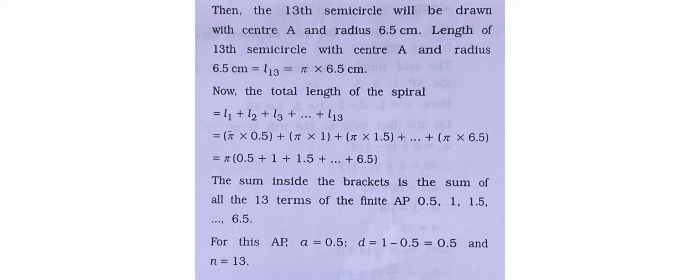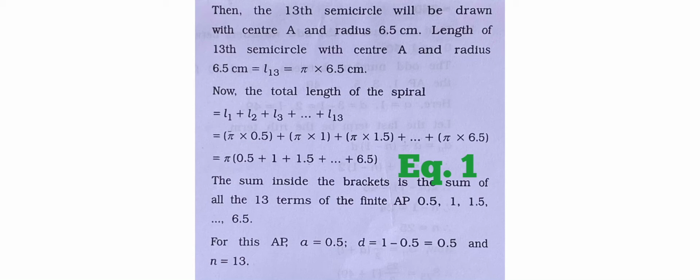So first of all we will find the sum of all the terms from 0.5 to 6.5, and then we will multiply it by pi to get the total length of spiral. So we'll call this expression, pi into 0.5 plus 1 plus 1.5 till 6.5, equation number 1.